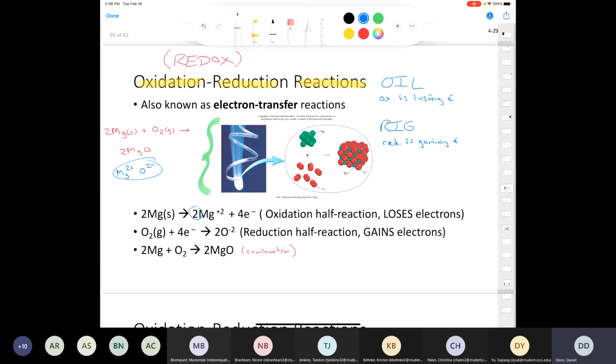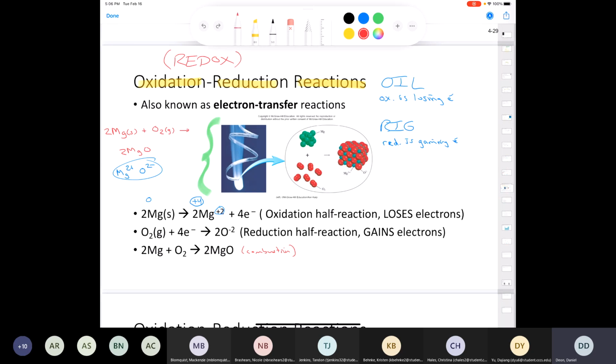Now, since you have two magnesium 2+ ions, 2 times +2 would mean +4. Well, if there's 0 charge over here, what would I have to add to balance that out? And the answer is 4 electrons, because electrons are negative, right? So I form a +4 charge total from my magnesium. So I have to balance that out with 4 electrons, okay? Remember, electrons are negative. +4 plus -4 gives you 0.